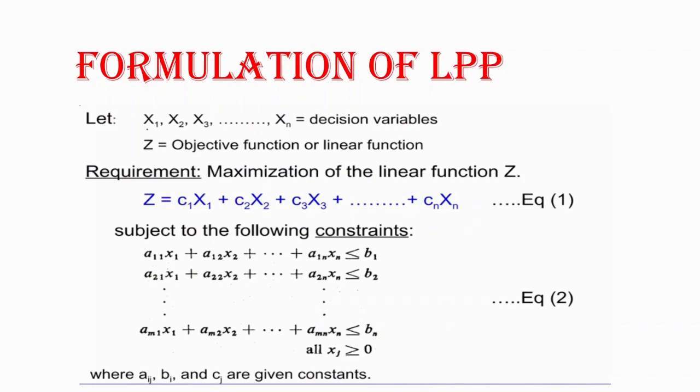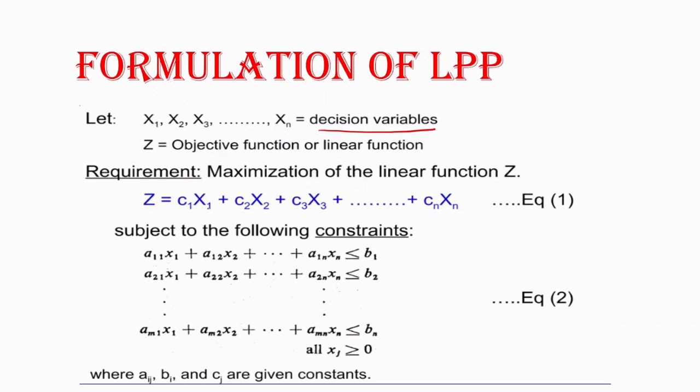So we have to find out the decision variables. These are called the decision variables. Z is the objective function. It has to be linear. So either we have to maximize our Z or we have to minimize our Z. It depends upon the question, whether it's maximizing profit or minimizing cost.